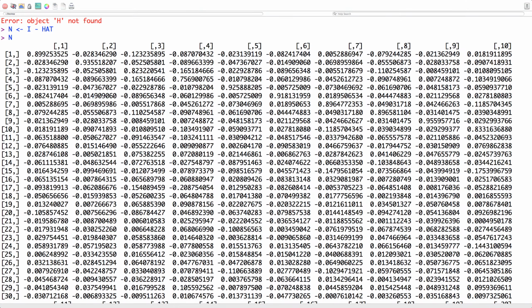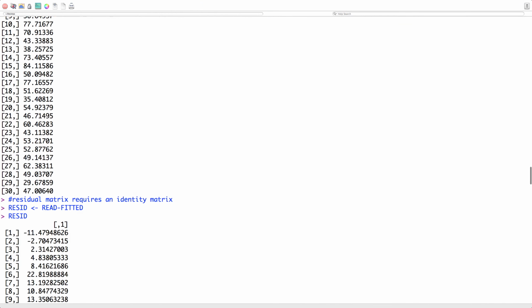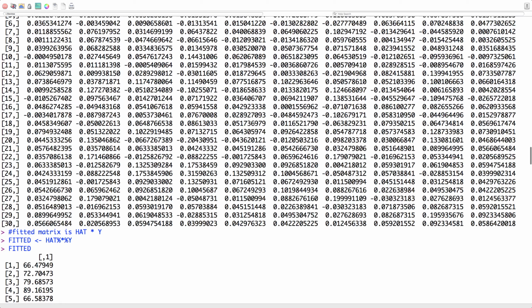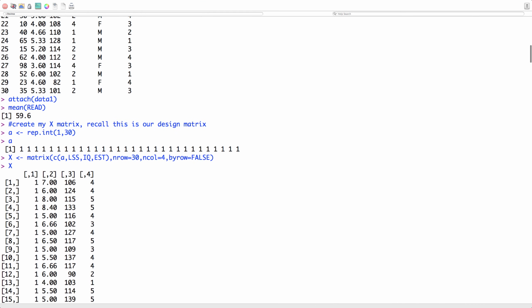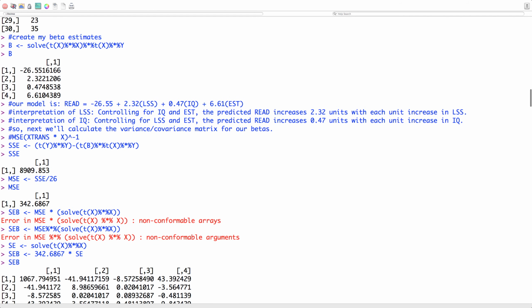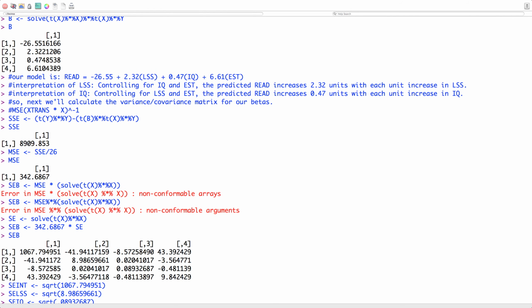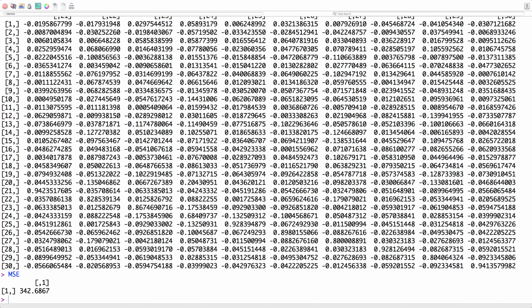Now, I've got to multiply that by the mean square error, and the mean square error was way back here someplace. The mean square error was 342. Well, I really didn't need to go back there. All I need to do is just do mean square error, right?